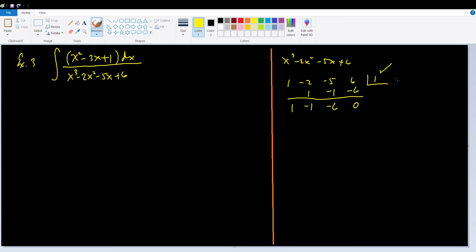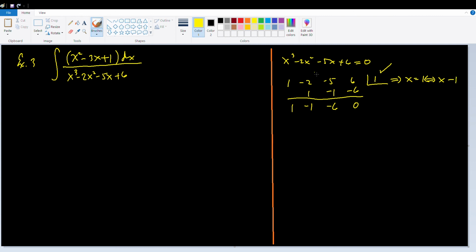And the factor corresponding to this is x minus 1. Why? If it is the root of x cubed minus 2x squared minus 5x plus 6 equal to 0, that means that x is equal to 1, which is equivalent to x minus 1.